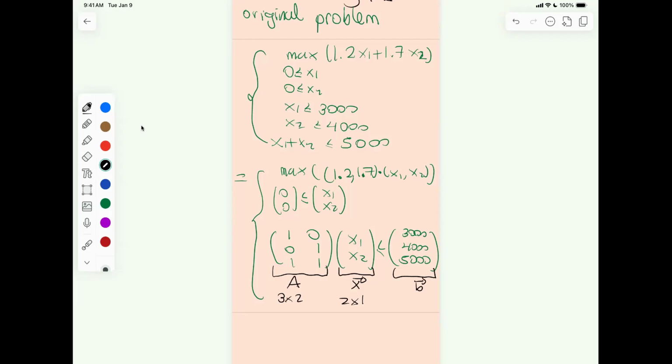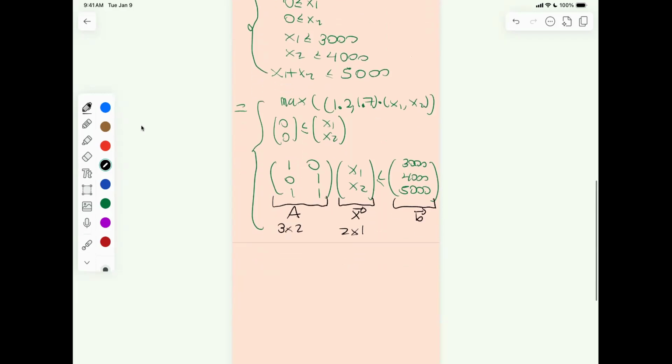It's more or less the same idea, except instead of an equal sign there's a less or equal sign. So this is A, this is X, this is B, and the tradition here is to call this vector C. Let's just call it C.